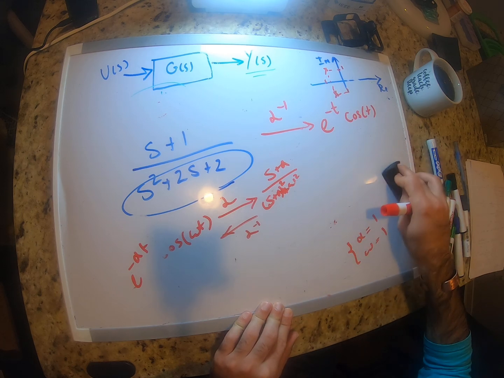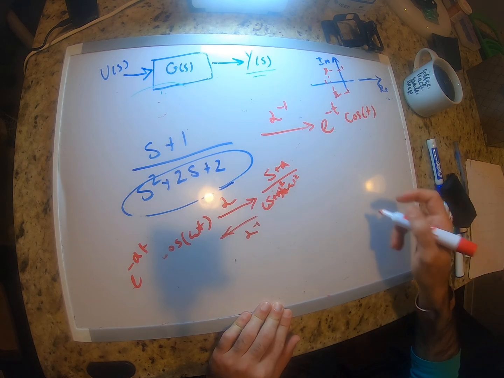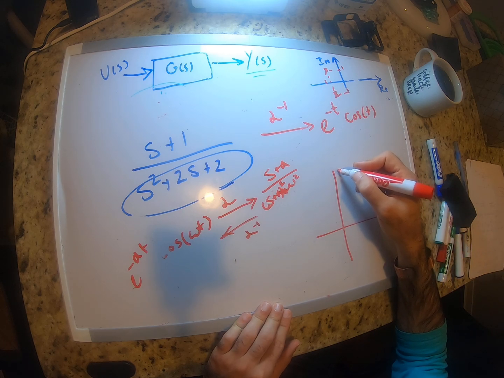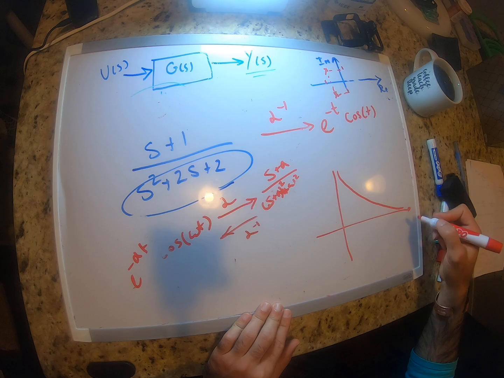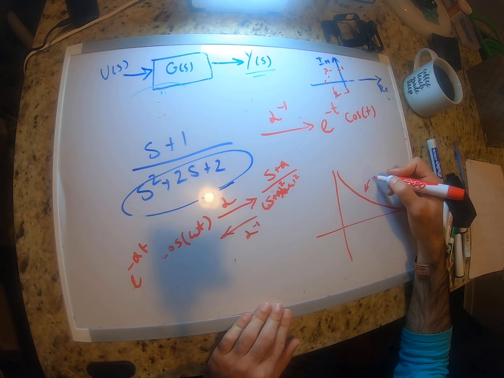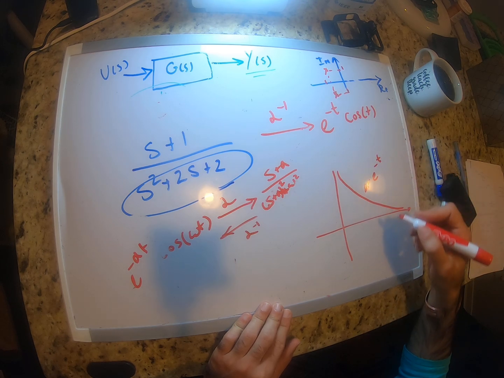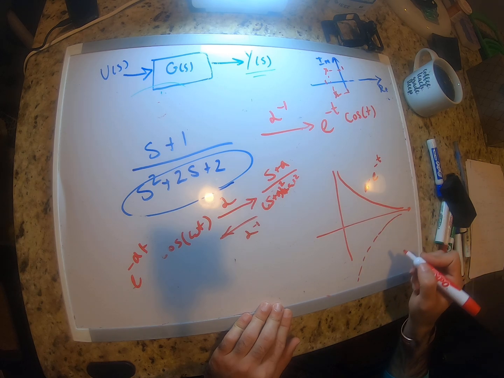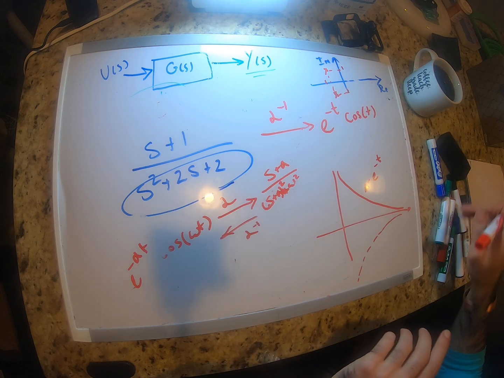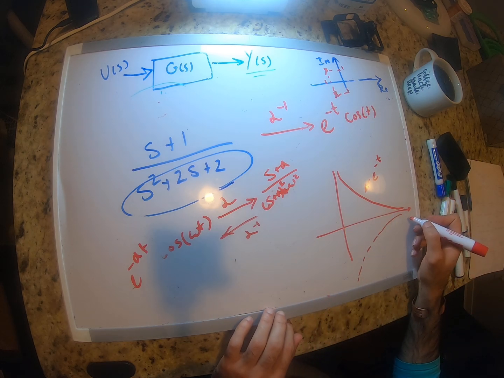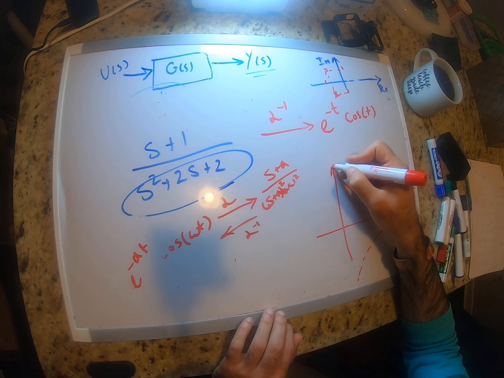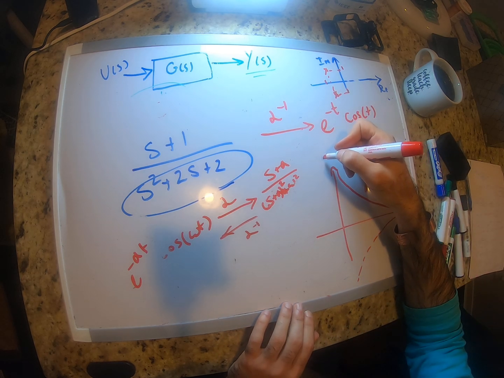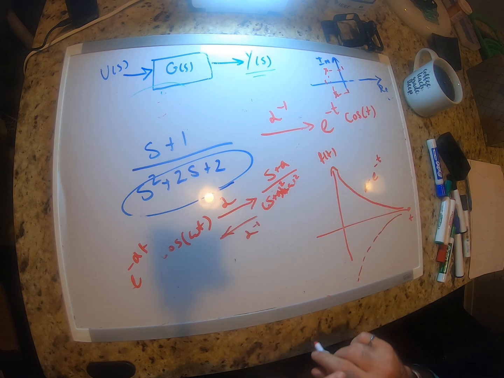But what does it look like? It's going to look something like this. If this is e to the power negative t, and this is its mirror with respect to the t-axis, let's call it f of t, g of t.